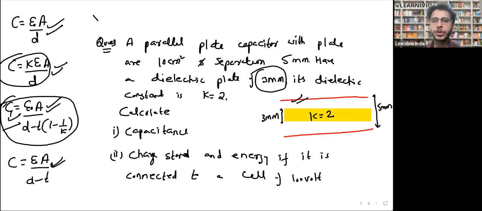If you think that substituting epsilon naught will make your calculations lengthy, you can do your calculation in terms of epsilon naught. I just have to check. Meanwhile, start calculating your charge and energy.